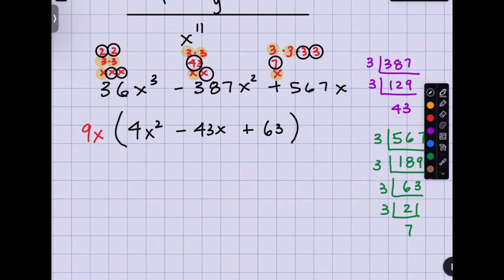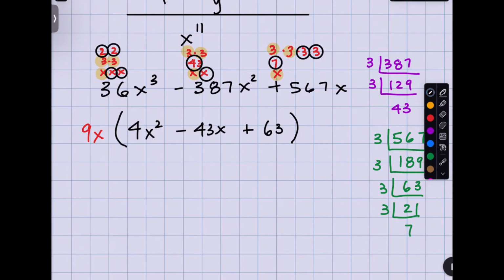Some of you guys need the primes to do it. It's okay, but you got to be willing to do it. Now, some of you guys might go, let's try just 3. Well, x to the third, x squared, x, so clearly an x can come out.